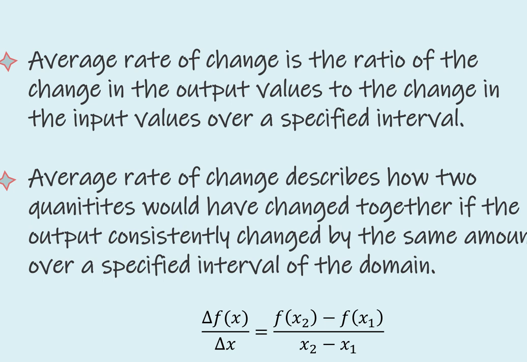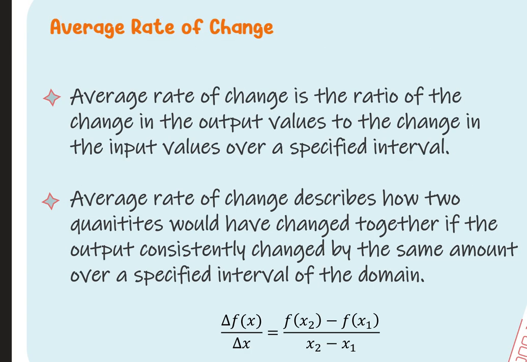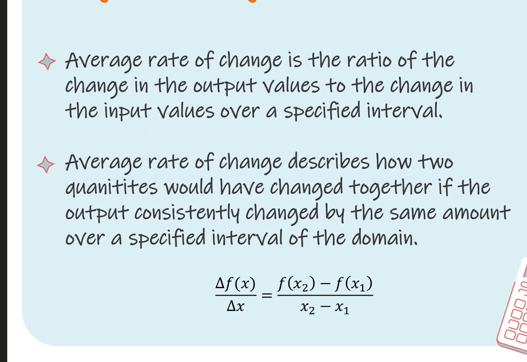If it is a line, then the rate of change is literally the slope. The average rate of change describes how two quantities would have changed together if the output consistently changed by the same amount over a specified interval of the domain. So basically, you are finding the change in y over the change in x.